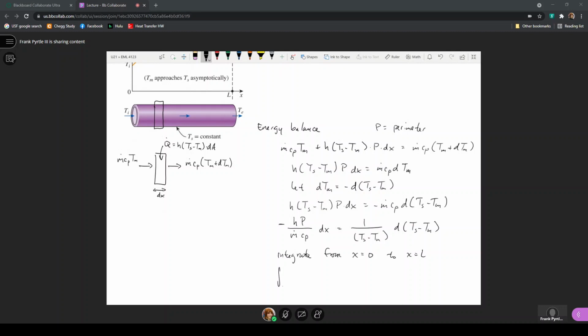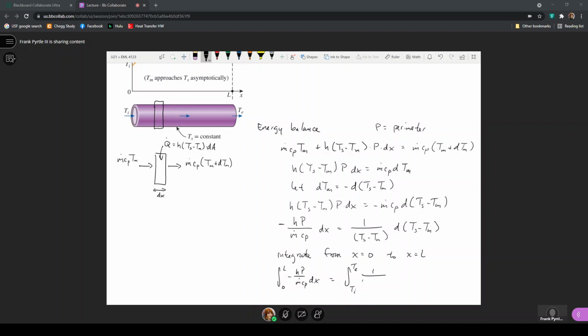then this expression becomes the integral from 0 to L of minus hP over m dot c sub p dx, equal to the integral where at x equals 0, the temperature is the inlet temperature, and at x equals L, the temperature is the exit temperature.